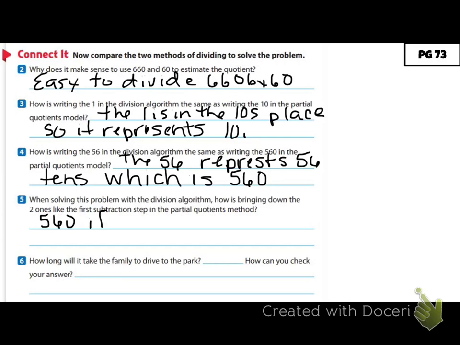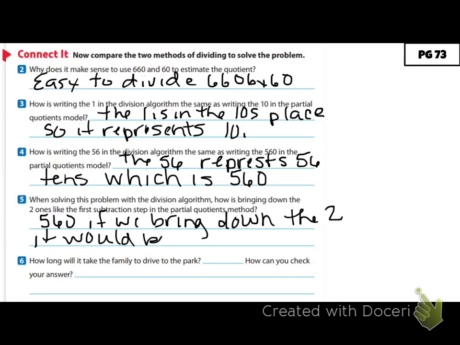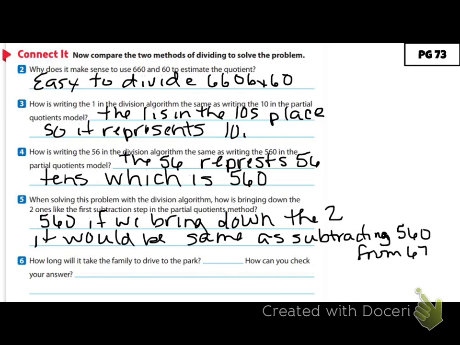So if we bring down the 2, it would be the same as subtracting 560 from 672.